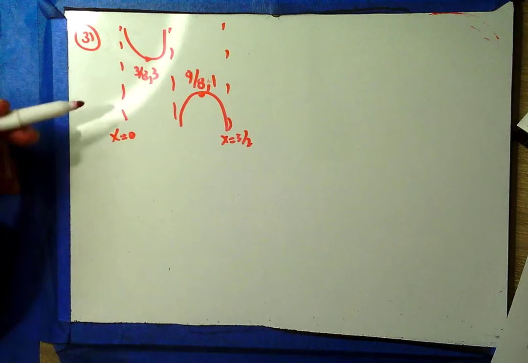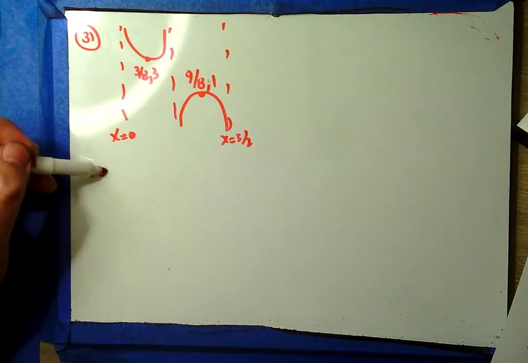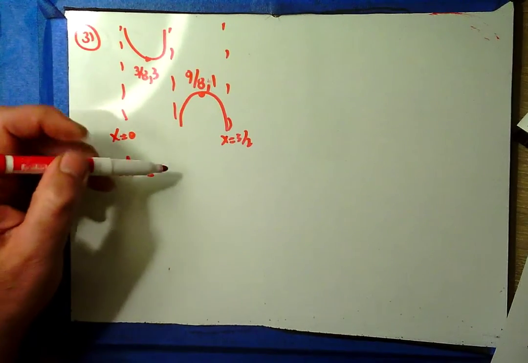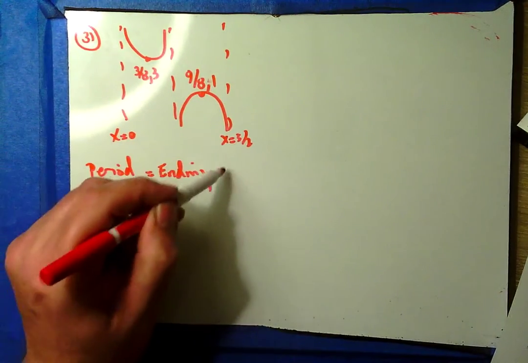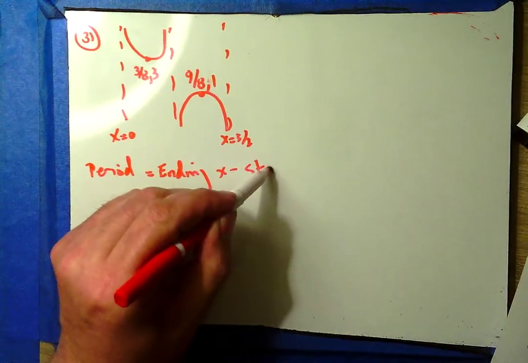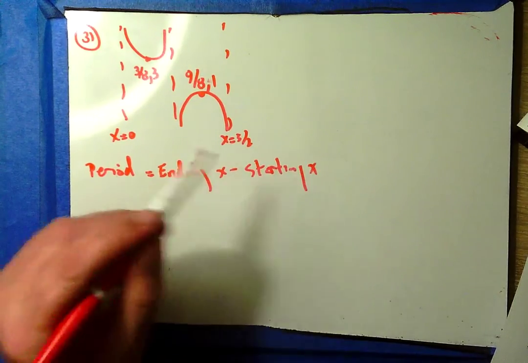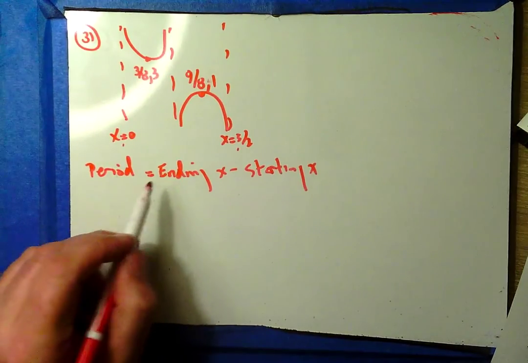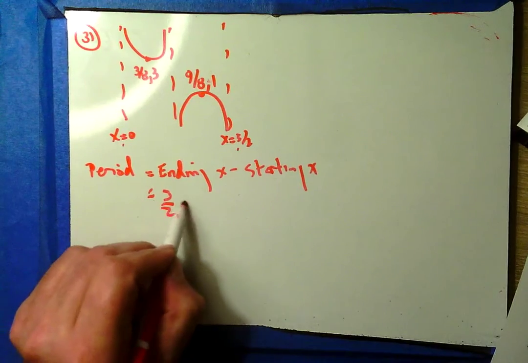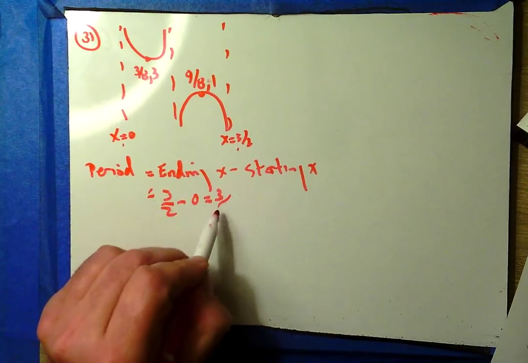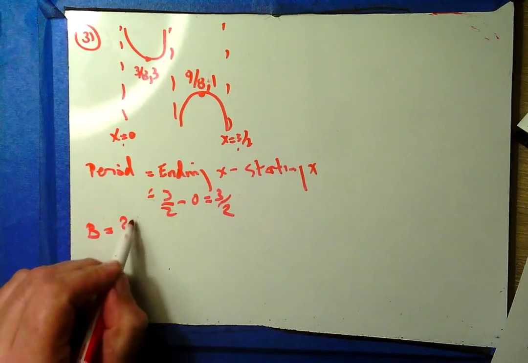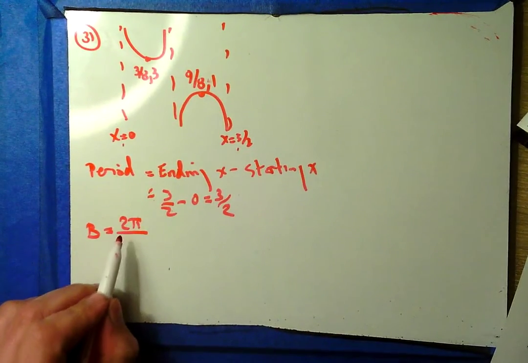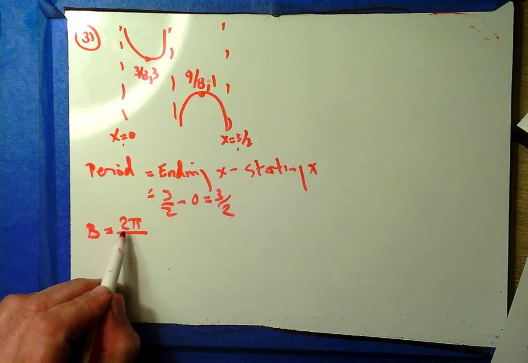Okay, so let's start with our period. Period equals ending x minus starting x. So here's our ending x, here's our starting x. We have 3/2 minus 0, or 3/2. Now we know that our b value is 2 pi over period, because we're doing sine, cosine, secant, or cosecant.